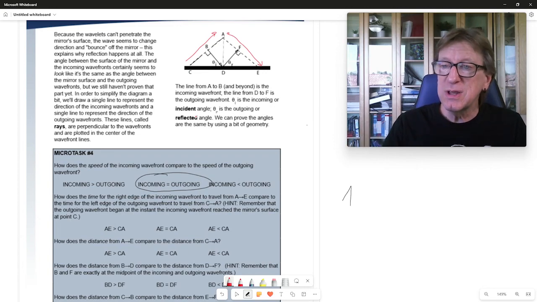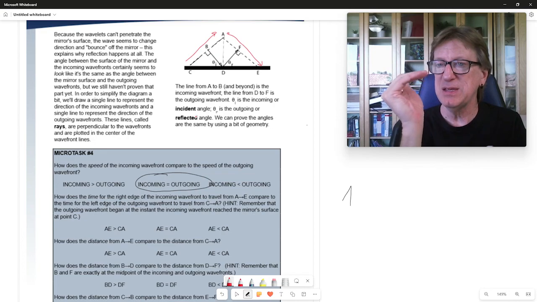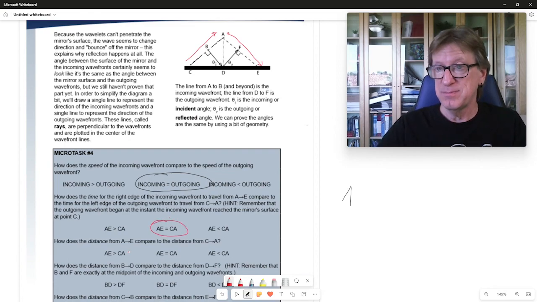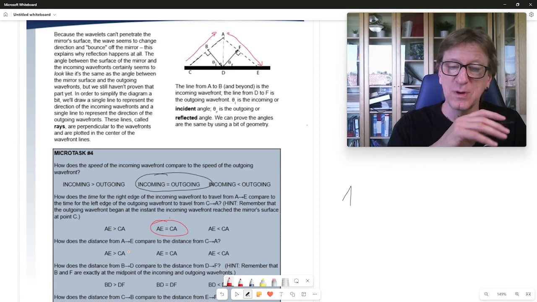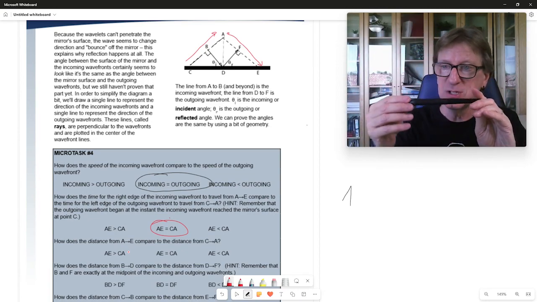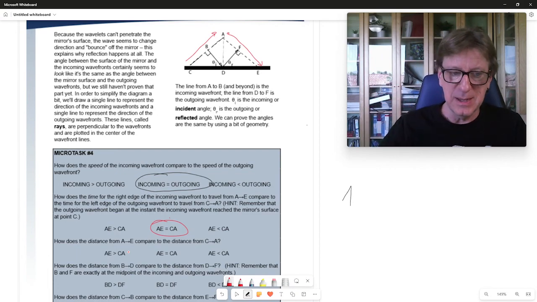Well, they've got to be straight. It's got to be a straight line all the way through. So if they were at different speeds, well, then that would curve as it went like that. So that means that the time required has to be the same. So the time required for this end to reach here compared to this end to reach here must be the same.